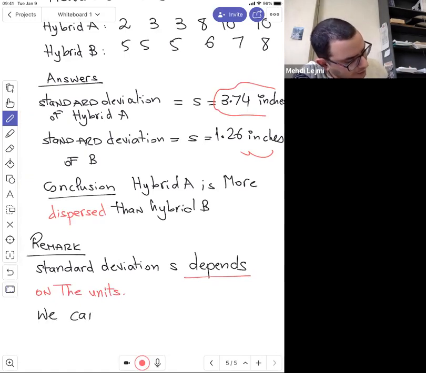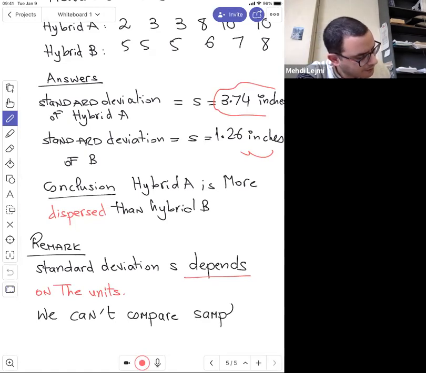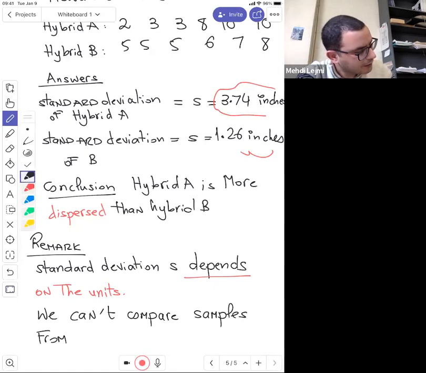So we cannot compare two samples from two different populations.